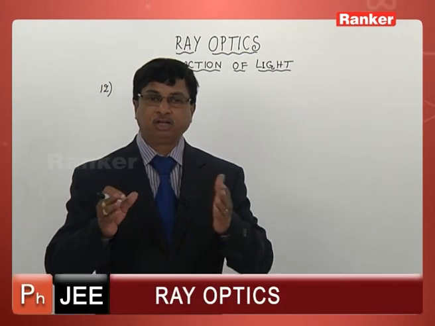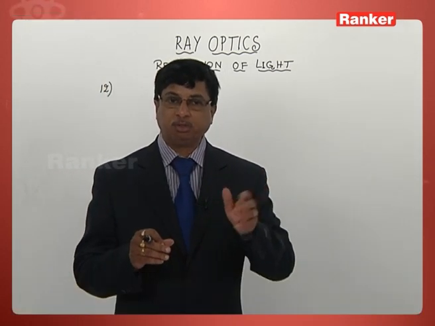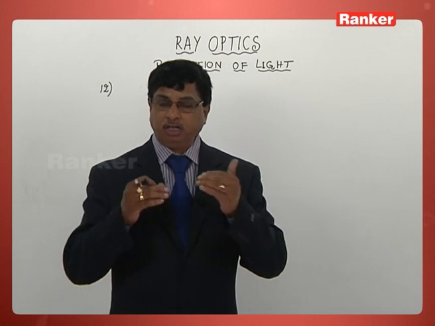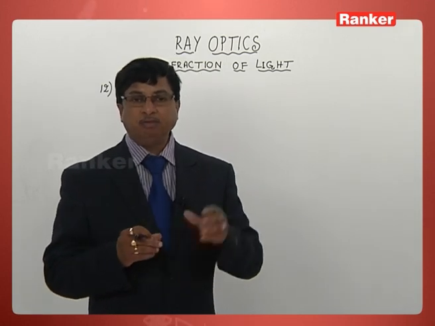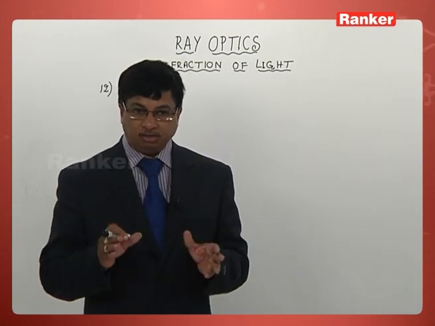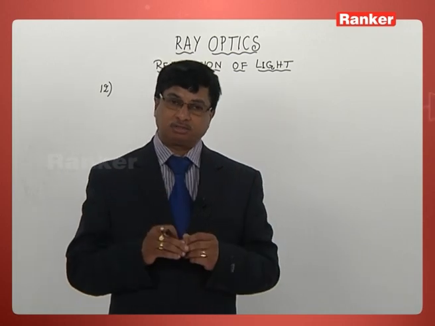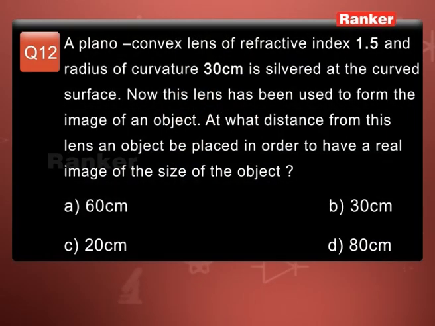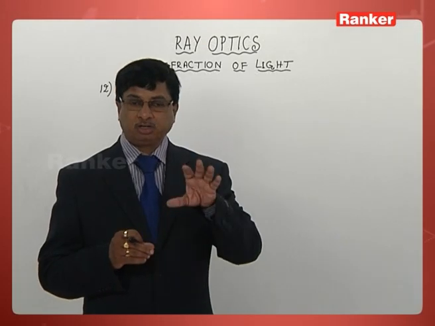That is the condition he is asking about: at what distance it is to be placed so that the real image formed will have the same size as the object. Options are given this way. First option is 60 cm, second option is 30 cm, third option is 20 cm, and fourth option is 80 cm. What is the correct option out of it?